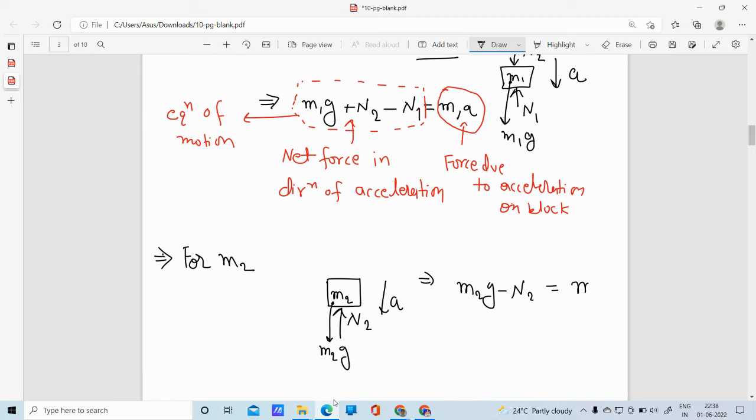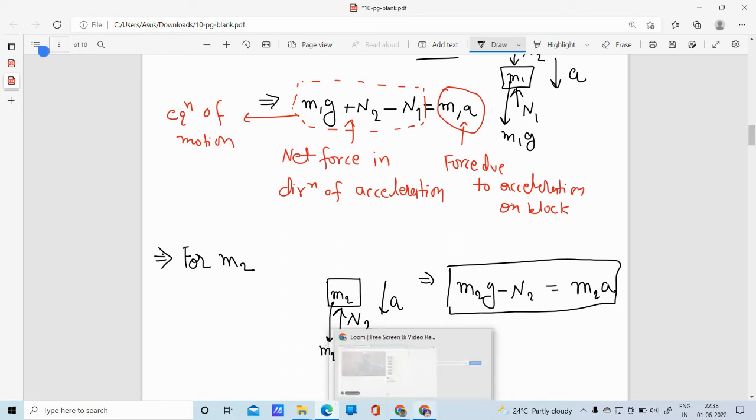So that is our equation of motion. Once we can find the equation of motion for the system, then we can find all the other parameters, like the normal force between the blocks.